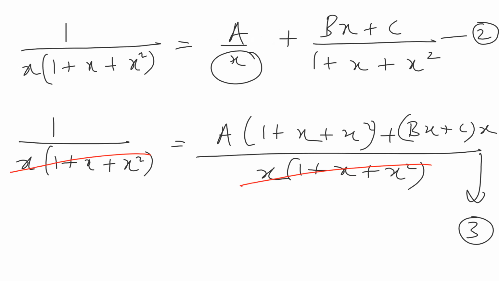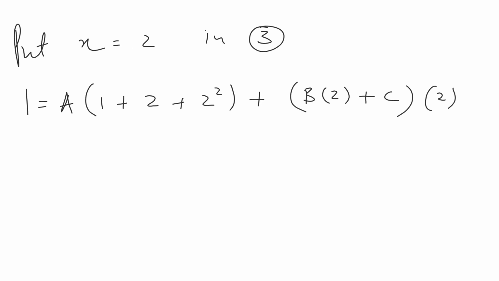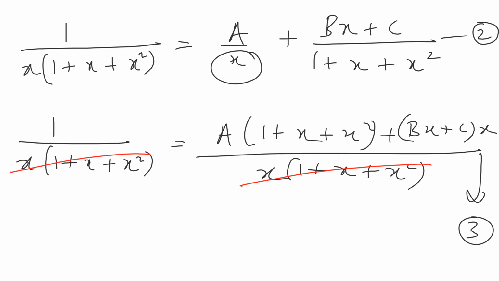So 1 is equal to A into 1 plus 2 square, plus B into 2 plus C into 2. Wherever there is x in equation number 3, put the value of x as 2. And in the next step, replace the value of A as 1.